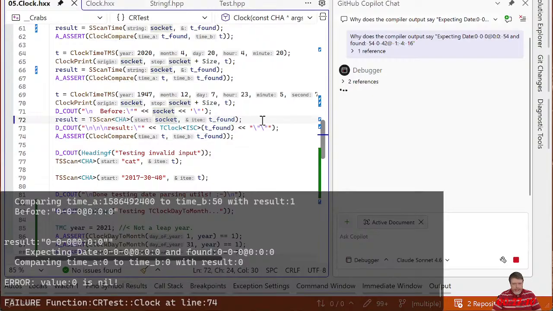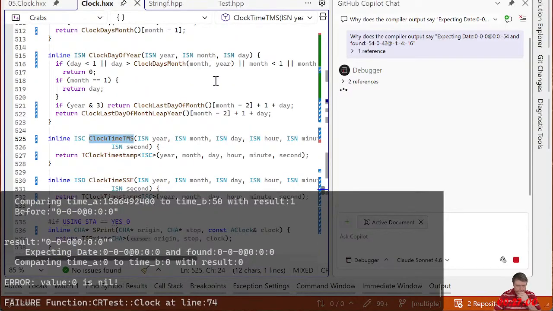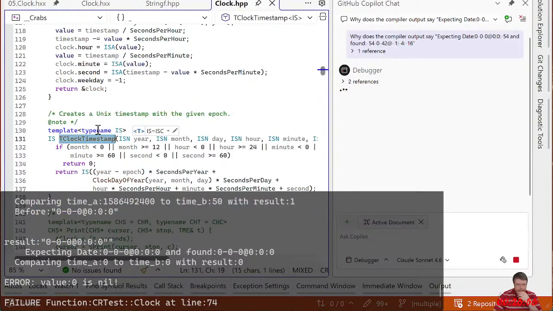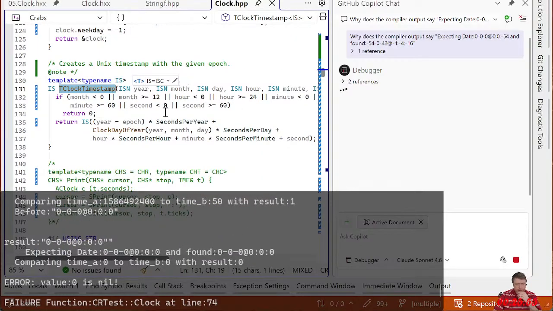So I scanned the time, clock TMS, T clock timestamp. Now we take the year and we subtract the epoch. Hold on, this doesn't make sense. So let's take the year. The epoch is 4 years. Okay.